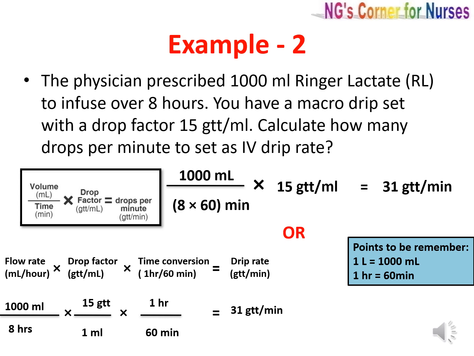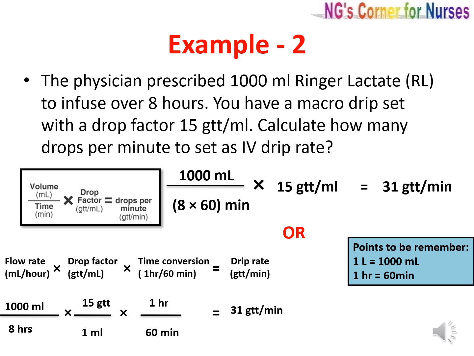In the next example, the physician ordered 1000 ml ringer lactate to infuse over 8 hours. You have a macro drip set with a drop factor of 15 GTT per ml. Calculate how many drops per minute to set as a drip rate. Here the total volume is 1000 ml and the time is 8 hours.